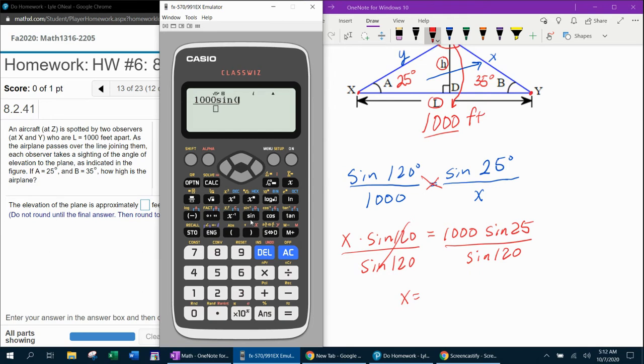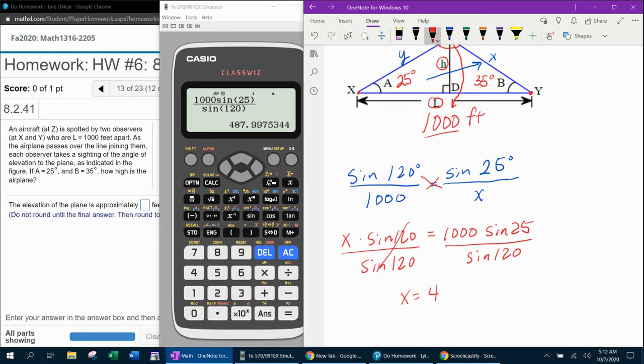1,000 sine 25. Please make sure you're in the right mode. And since this is an intermediate step, let's take that to, let's say, 4 places, just to be accurate: 487.9975.